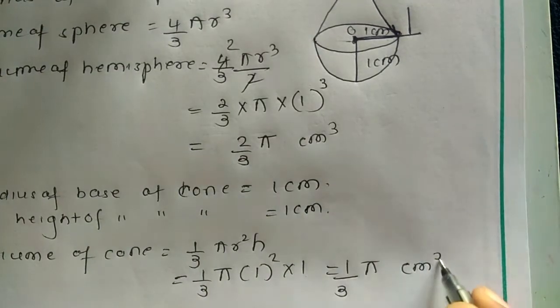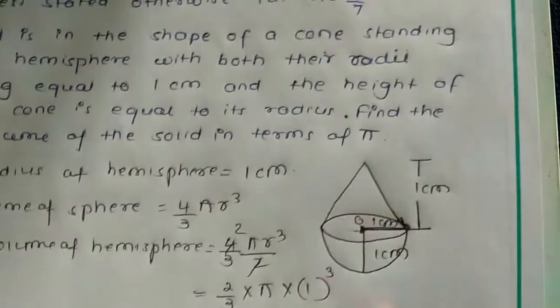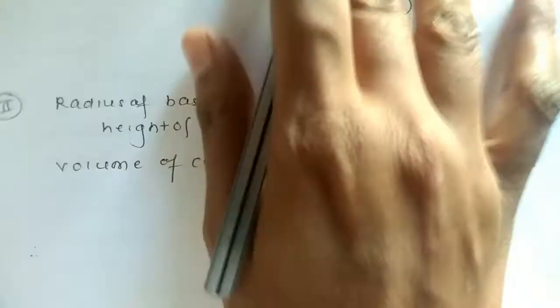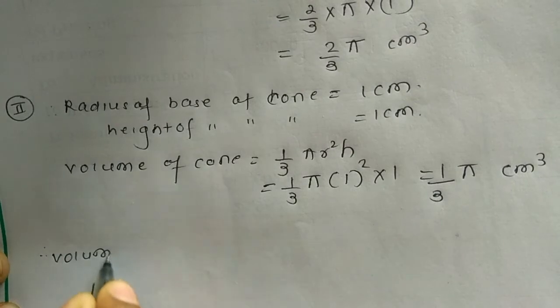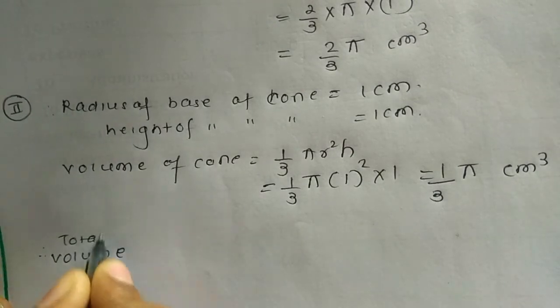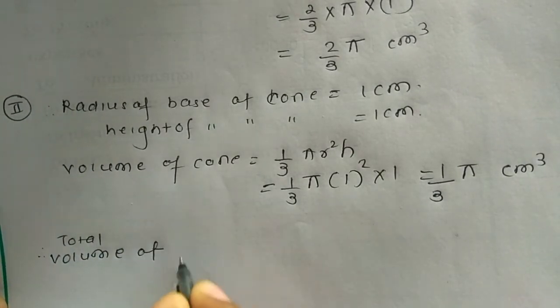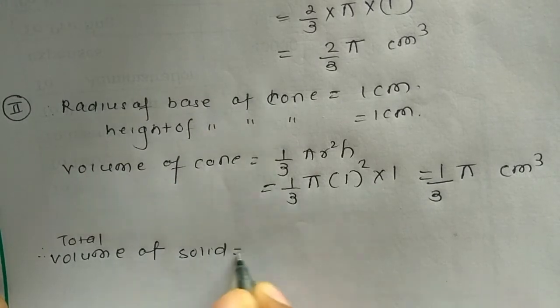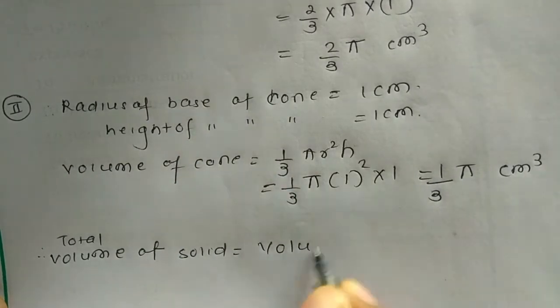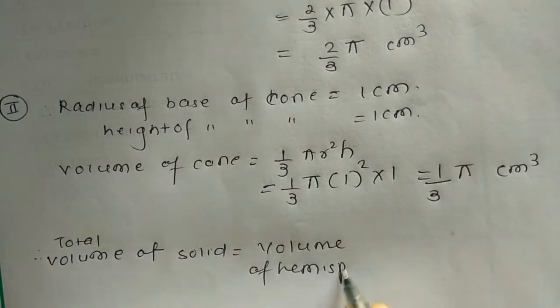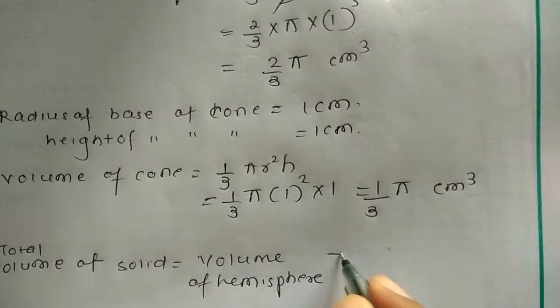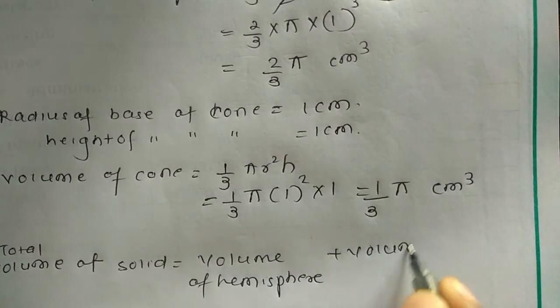This is cm cube. Now we'll add these two so that we get the total volume of this solid. Therefore, the total volume of the solid equals volume of hemisphere plus volume of cone.